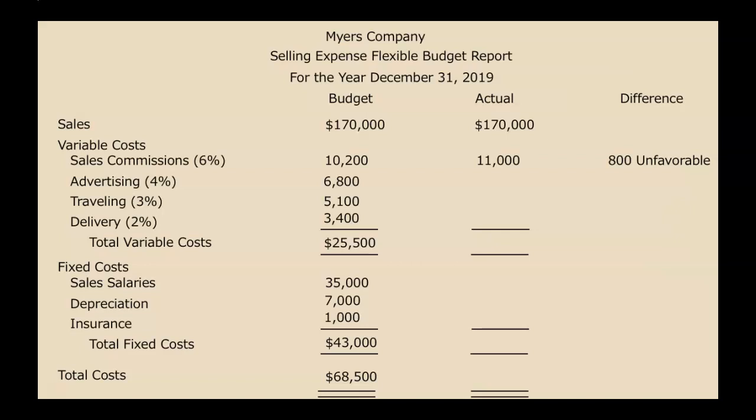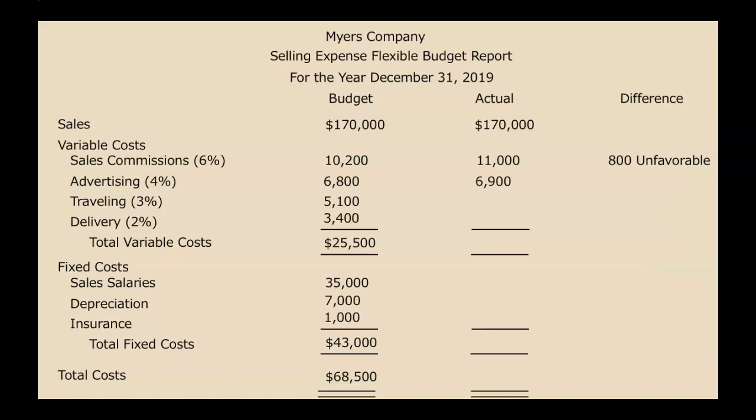We talked about this a bit earlier. We want the lowest cost possible. So if your cost is higher than your budgeted amount, it's unfavorable. If it ends up being lower than your budgeted amount, then we would see it as favorable.